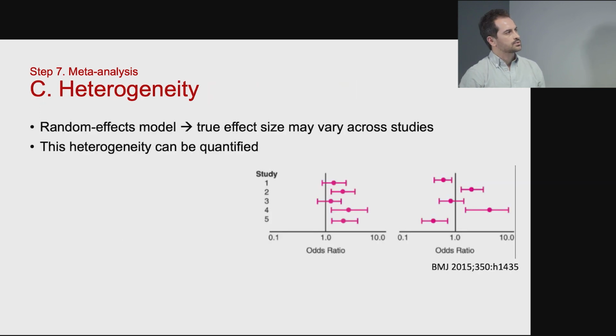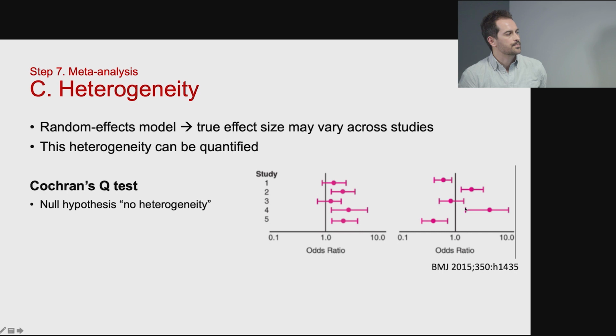You may also want to estimate heterogeneity between studies. This is important. With the random effect model, you can estimate the heterogeneity between studies. And you can see here, for example, a pooled estimate from those studies. If those studies are less different between them, the heterogeneity would be smaller than for studies where the estimates are very different.